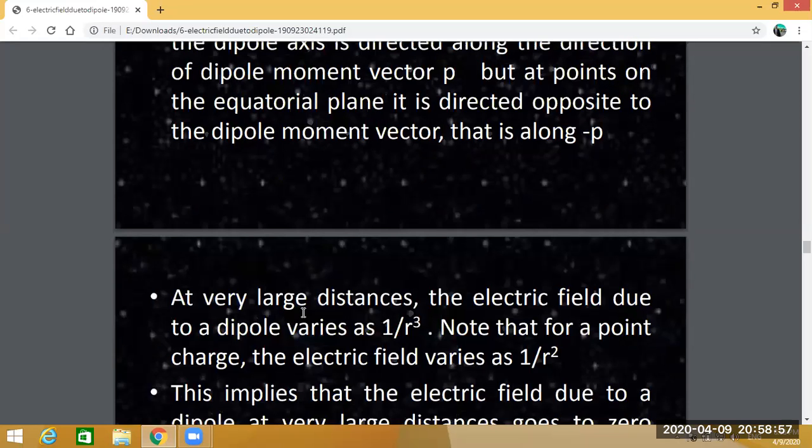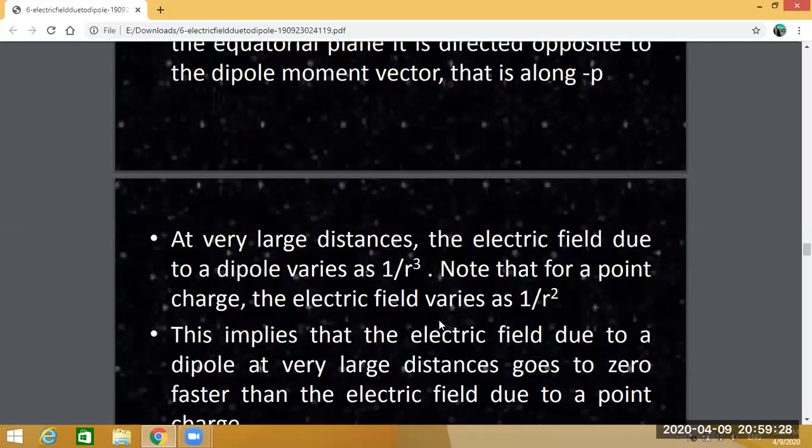So at a very large distance, the electric field due to a dipole varies as the inverse of the cube of distance from the center of the dipole. Note that for a point charge, the electric field varies as the inverse of the square of distance. So this is a special case, as it varies as the inverse of the cube of distance, and due to a point charge, it varies as the inverse of the square of distance.